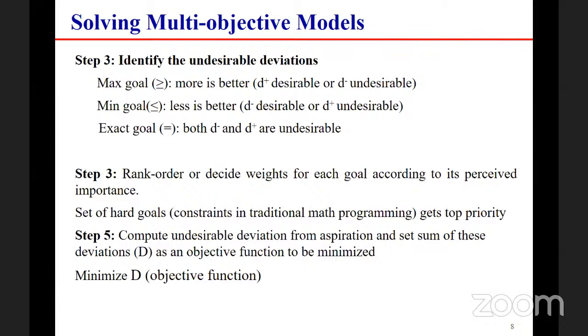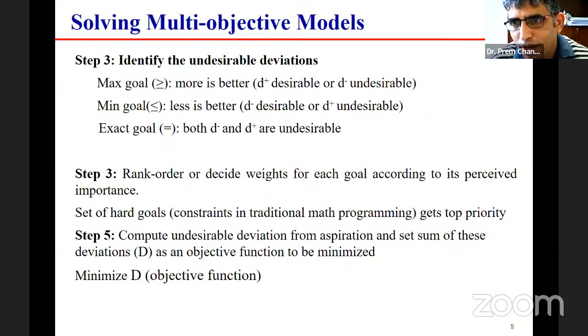Then the last step is we compute the undesirable deviations from aspirations and sum them up, and this becomes our objective function.